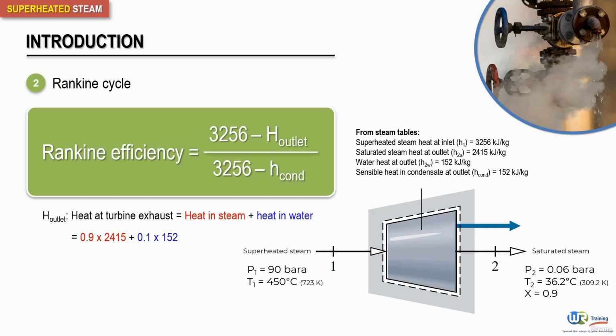So a total of 2188.7 kJ per kilogram. Lastly, the sensible heat in condensate equals 152 kJ per kilogram, as obtained from the steam tables.